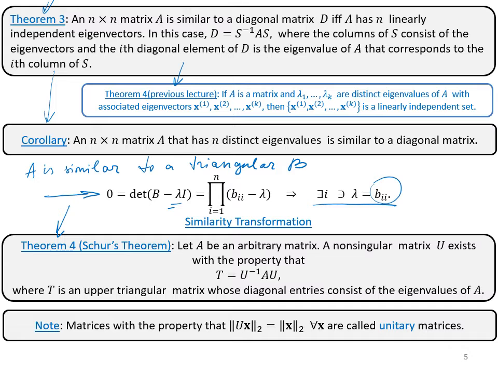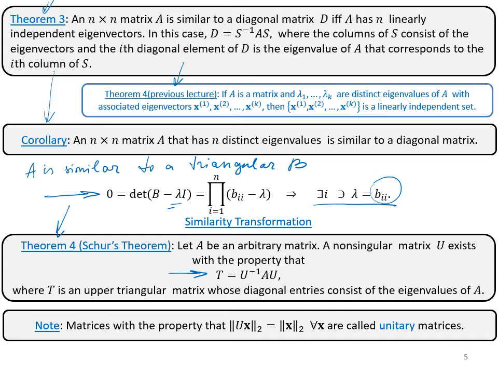A non-singular matrix U exists with the property that matrix T equals the product of inverse matrix U multiplied by matrix A and multiplied by matrix U, where T is an upper triangular matrix whose diagonal entries consist of the eigenvalues of matrix A.